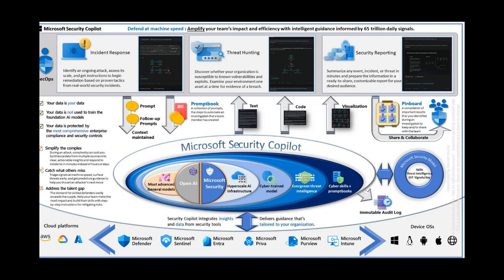They want to help you with enhanced threat hunting, leveraging AI-driven insights for proactive threat hunting. Incident response: identify ongoing attacks, assess their scale, and start remediation using proven tactics from other real-world security incidents. Security reporting: generate ready-to-share customizable reports as well.